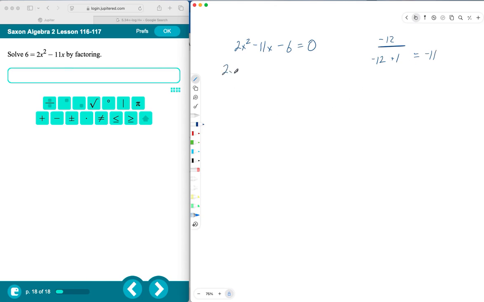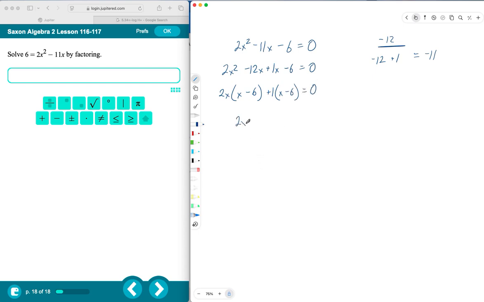So that gives me 2x squared minus 12x plus 1x minus 6 equals 0. I can factor out a 2x from both of these. So x minus 6. And then this is just going to be x minus 6. So plus 1, x minus 6.